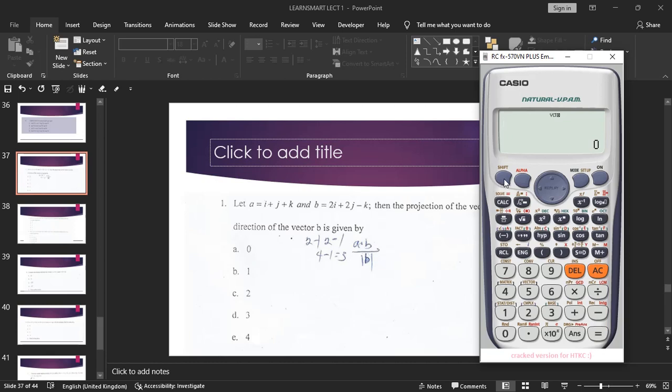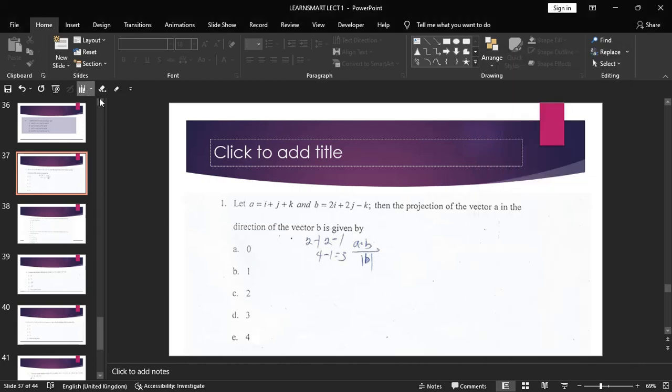So you choose Shift 5, that's our vector, and then you choose vector A, that's 3, then Shift vector again and choose 7, that's our dot, and then Shift 5 and choose vector B. After that you click on the equal sign, and you get A dot B equal to 3. So note that A dot B is equal to 3.